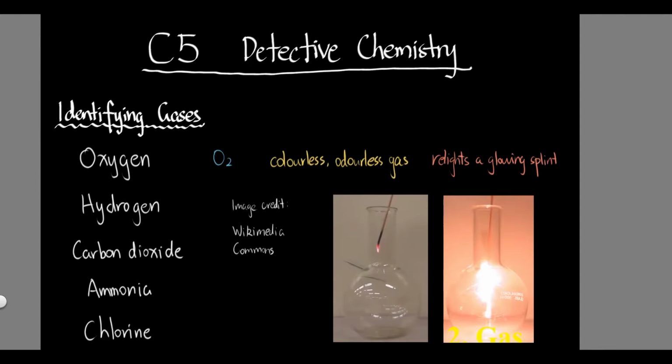And this, of course, is a burning splint. It burns very bright with a fire. So oxygen would relight a glowing splint. If you put a glowing splint in a very large amount of oxygen, you should expect to see something like this. But anyway, we're gonna move on and talk about hydrogen.